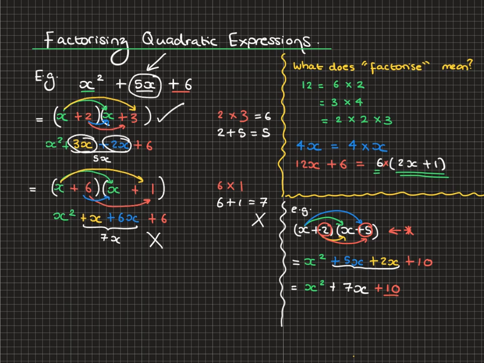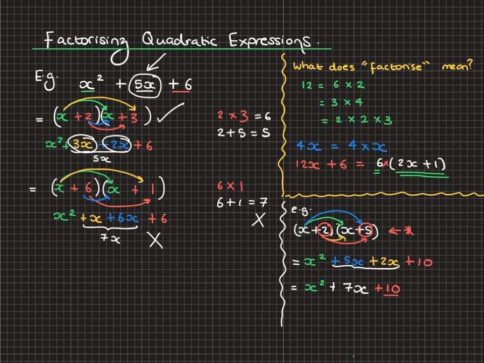Now, this is a reasonable rule for us to use at the moment. A little bit later on, when you get into year 10, you'll have to learn about some more complex quadratic expressions, and you'll have to do a bit more practice of different factorization techniques that you need to use there. But for the moment, we can use this as a good method to help us factorize expressions.